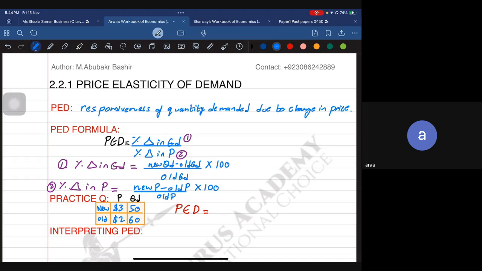And the second one is the new price minus the old price divided by the old price multiplied by 100. Okay, great. Very nice. This is correct. So minus 0.334.